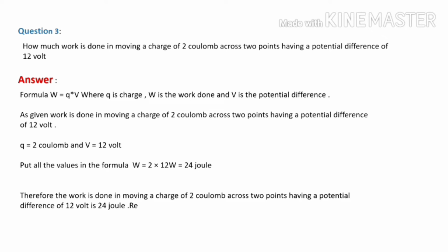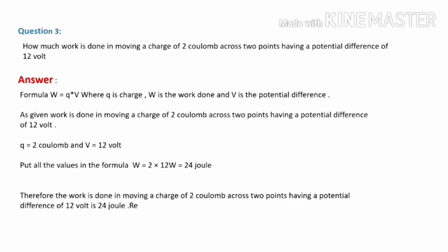How much work is done in moving a charge of 2 coulomb across 2 points having a potential difference of 12 volt? The given data: 2 coulomb is the charge, the potential difference is V, and you find the work done.